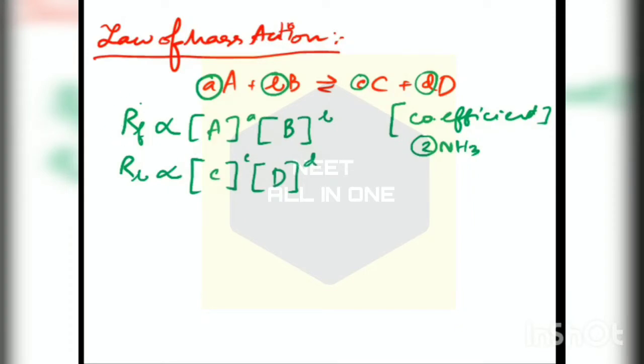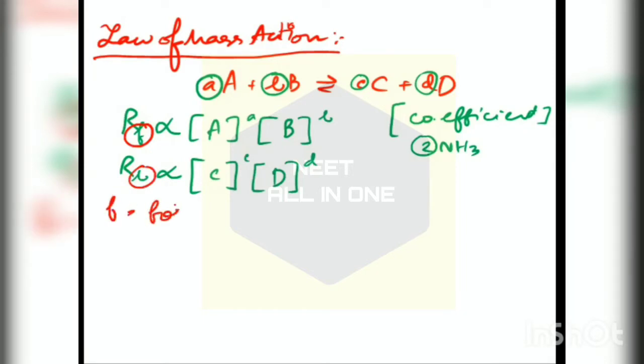Now just what I have told you right now, that is what I have written in the mathematical form. That is this reaction rate or rate of reaction is proportional to the concentration to the power its coefficient. Okay, here you can also see it, but I have written it RF. What does the F mean? What does this B mean?